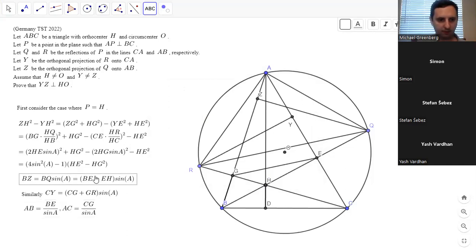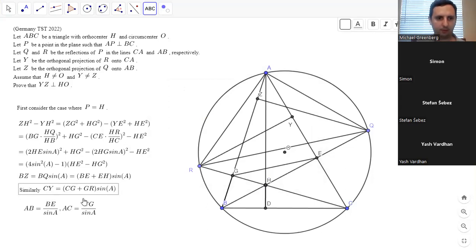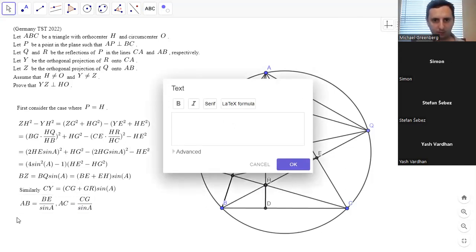So BZ times ZA is BZ times AB minus BZ, which is equal to BZ times AB minus BZ squared.